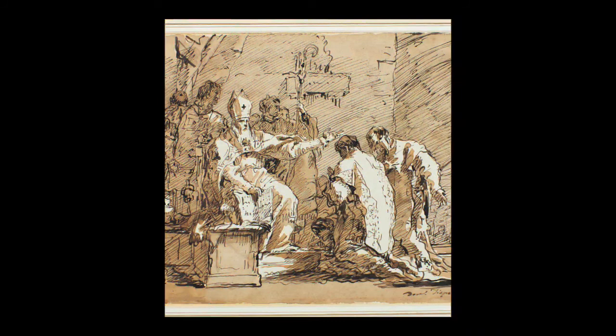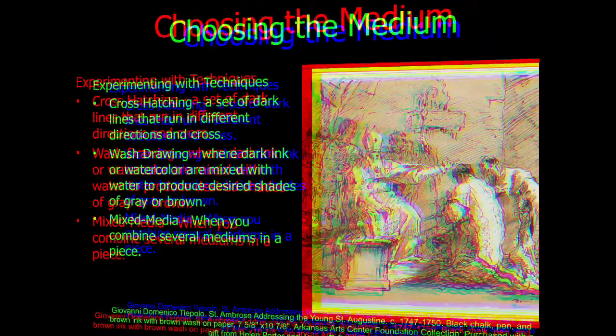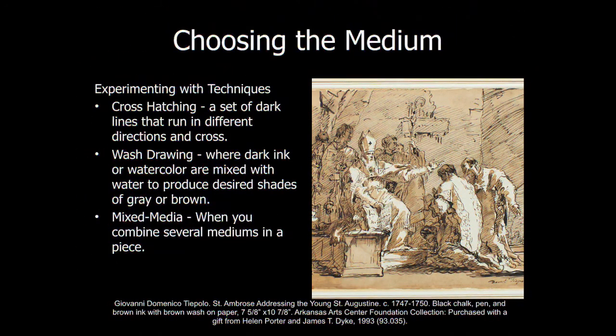I really enjoy looking at the values being created with these expressive hatch marks. And this work is by Giovanni Domenico Tiepolo, Saint Ambrose addressing the young Saint Augustine, 1747 to 1750.